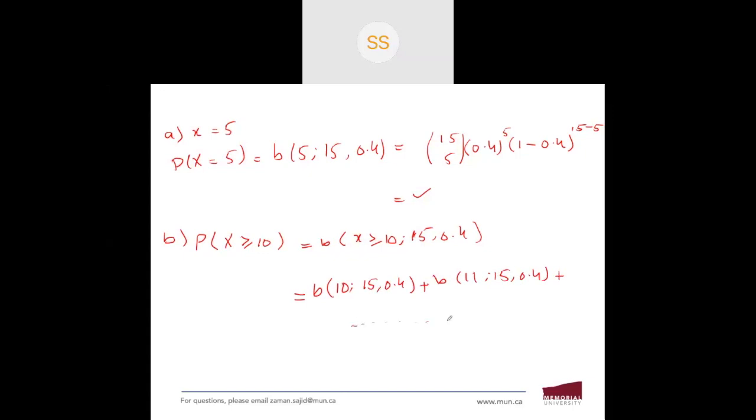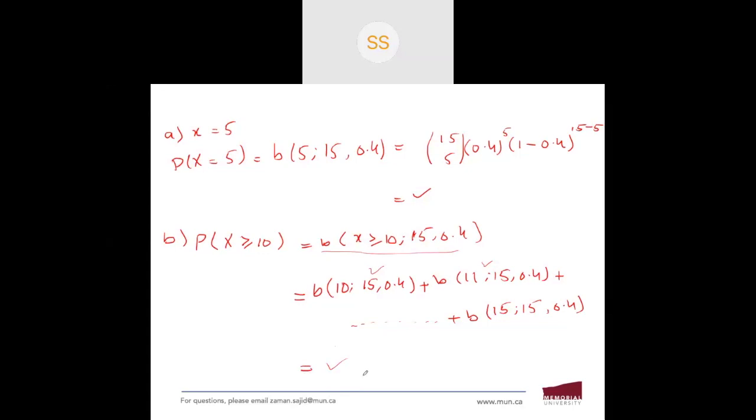You just keep working until you find out your b of 15, 15, 0.4. Okay. So again, you just apply this formula one by one on these separate terms and you find out your answer. So this is one way to solve this kind of problem. I didn't find out the answer, so you can find it out.